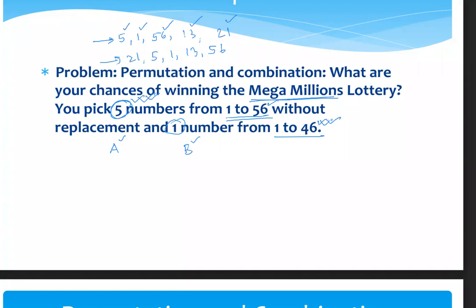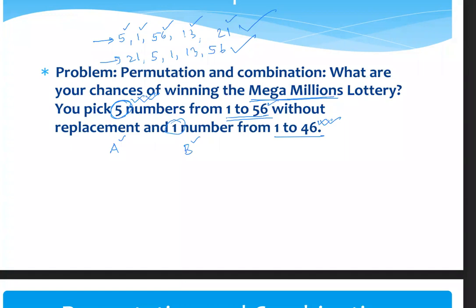See, does it matter? Somebody could pick the numbers in a different way. It's not in what order you pick the Mega Millions lottery ticket numbers. It's what numbers you pick. Just because John got the numbers in this order and Jane got the numbers in this order, it doesn't make a difference. Both of them are going to be winners.